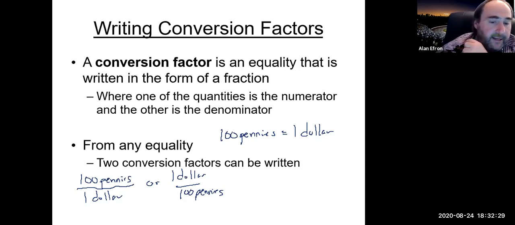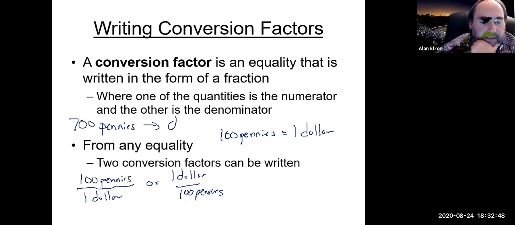You'll just use one. And basically what we're going to be using it for is what's known as dimensional analysis. And we use it to get rid of units and show the units. So for example, if I started with 700 pennies, and I want to know how many dollars that would be, I would start with my 700 pennies.